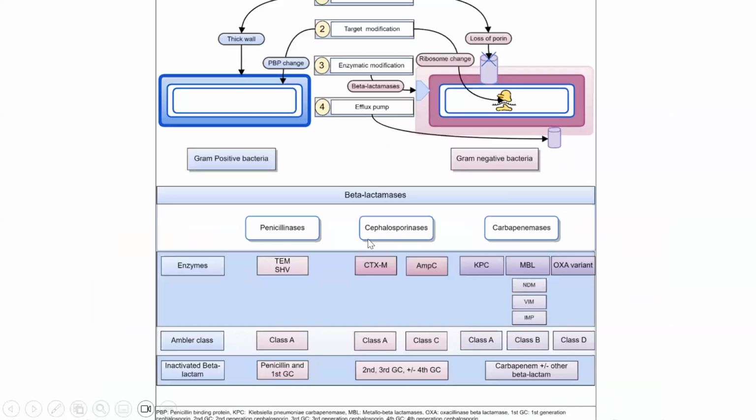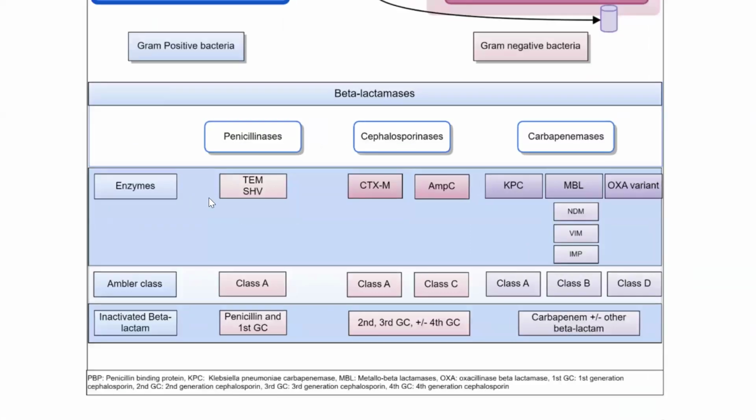The classification of the beta-lactamases is divided into enzymes acting on penicillin, which are the penicillinases, on cephalosporin, which are the cephalosporinases, or on carbapenem, which are the carbapenemases. For the enzymes acting on penicillin, the inactivated beta-lactam will be penicillin and the third generation cephalosporins.